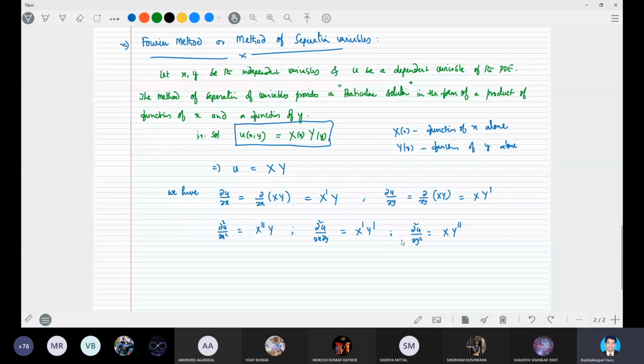Where X dash is an ordinary derivative, d by dx of capital X. Similarly, Y dash is equal to d by dy of capital Y. What is X double dash?